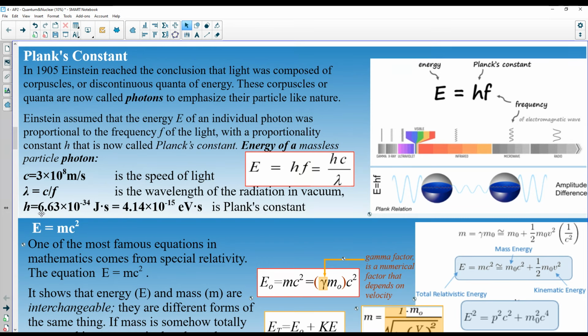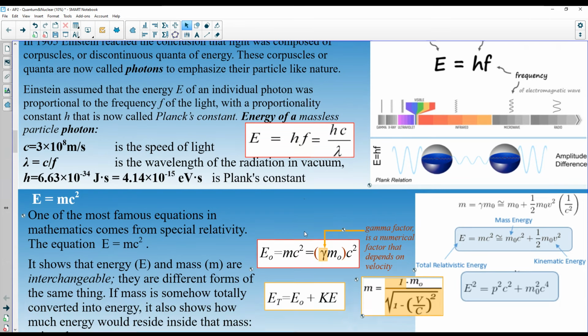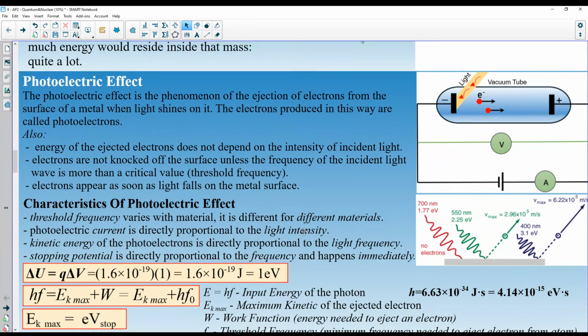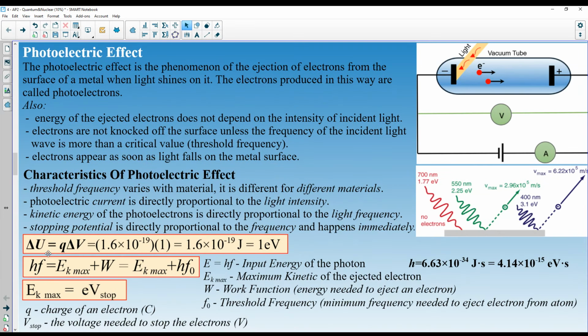If you remember the formula for the voltage, the potential difference is equal to the work done to move the charge. So the energy of the photon is like work as well. It's the charge times the potential difference.